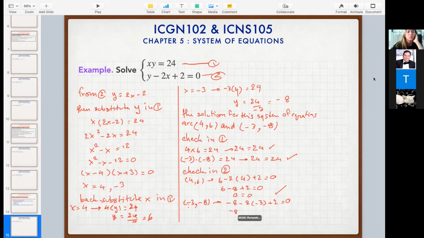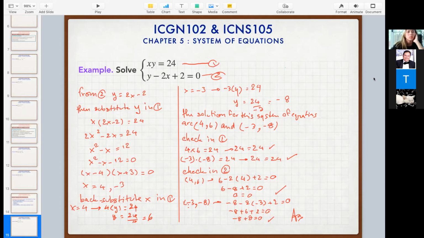Negative 8 plus 6 plus 2 equals 0. Negative 8 plus 8 equals 0. That is correct too. Then the solutions for this system, 4, 6 and negative 3, negative 8, are correct and can be used as the solution of this system of equations.